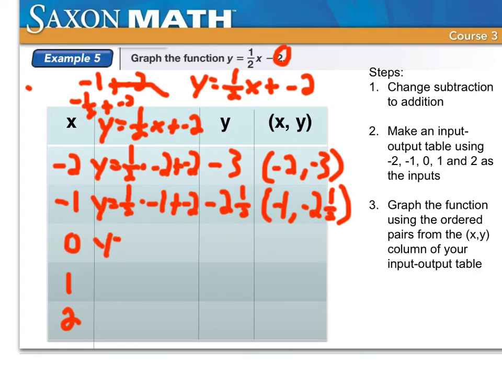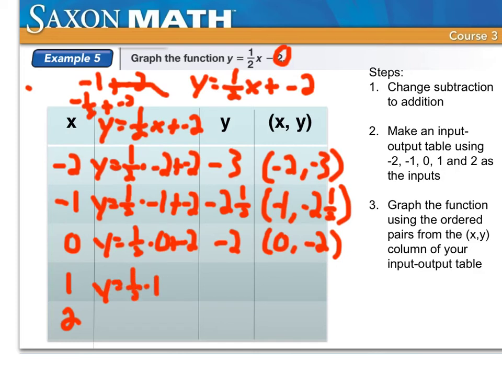So next line, y equals 1/2 times 0 plus -2. Well, 1/2 times 0 is 0. 0 plus -2 is -2. So input of 0, output of -2. Then next line, y equals 1/2 times 1, because that's our input, plus -2.